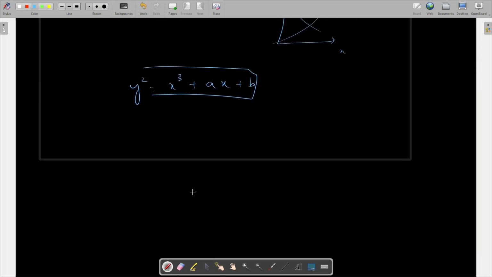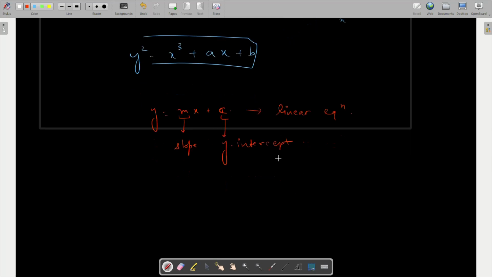For example, in your childhood you might have studied y equals mx plus c. This is what we call a linear equation, or equation of a line, where m is your slope and c is your y-intercept.